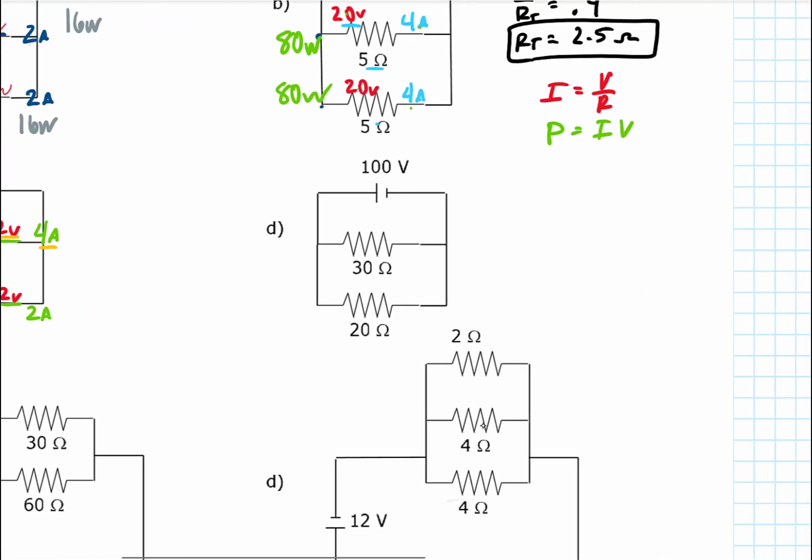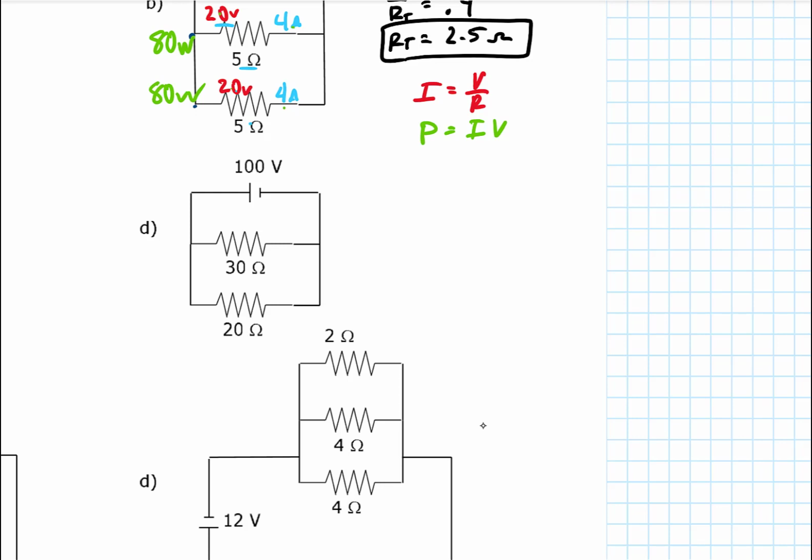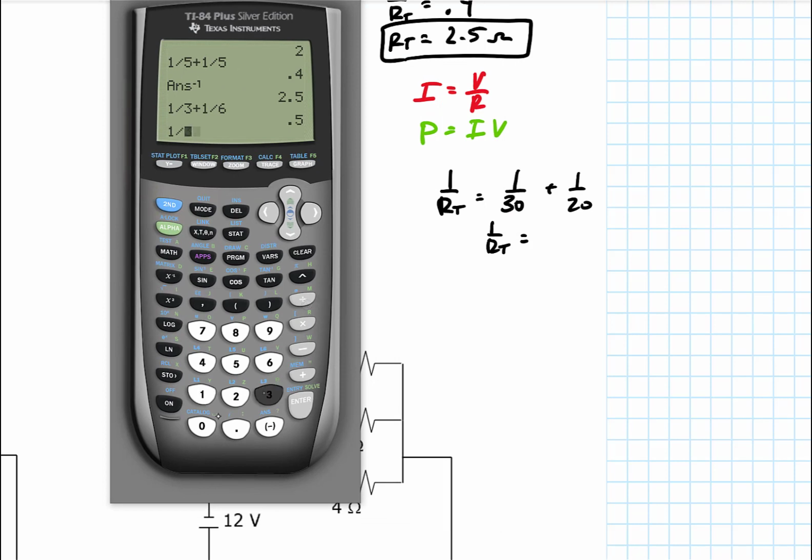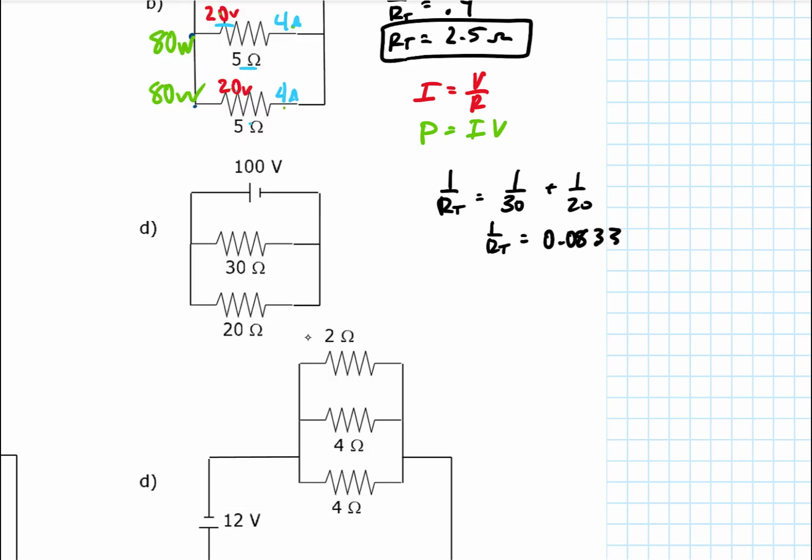Part D, again, they're not the same. So if I want the total resistance, 1 over R total is 1 over 30 plus 1 over 20. That makes 1 over R total equal to, and your calculator, because this is how I really want you to do it, 1 divided by 30 plus 1 divided by 20 is 0.0833.